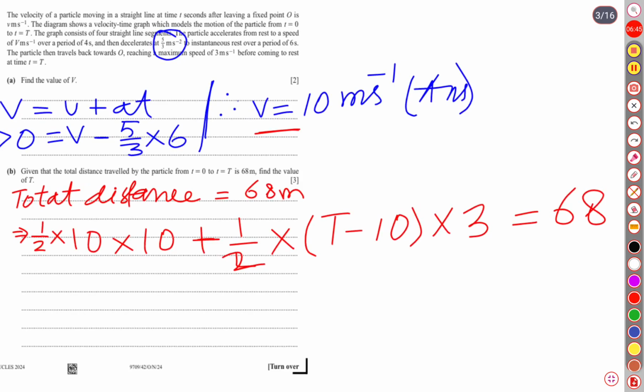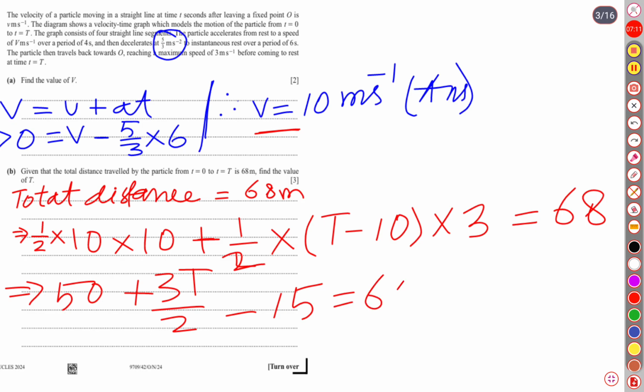10 tens are 100, 100 over 2 means it is 50. So 50 plus 3t over 2 minus 30 over 2, which means 15, equal to 60.